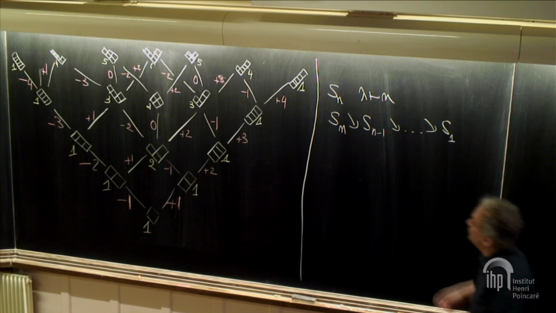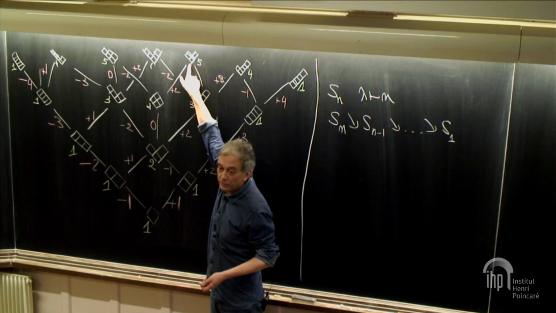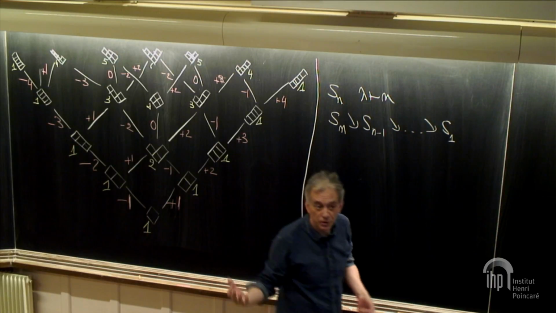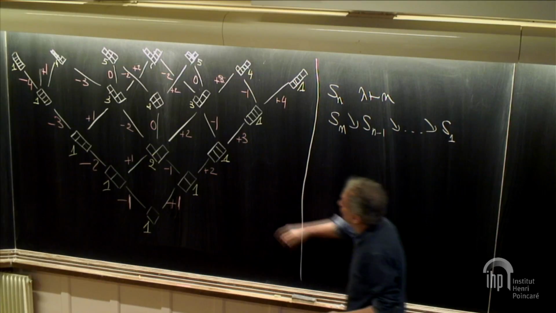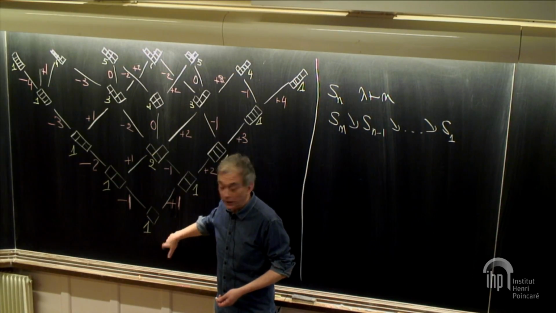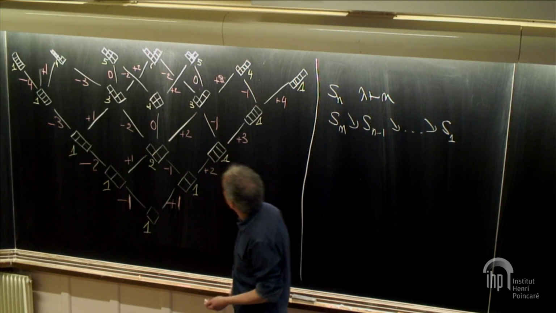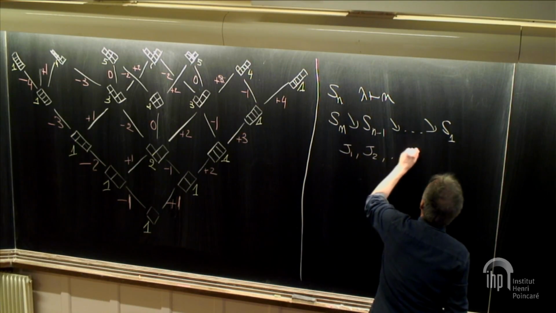So what this means is that every path going down in this graph from one of the partitions to the end corresponds to a one-dimensional subspace of the irreducible representation, and these one-dimensional subspaces form a basis of the representation. So the dimension of the representation is equal to the number of these paths. Furthermore, we can index these paths by the sequence of eigenvalues of the Murphy elements, J1, J2, ..., Jn.